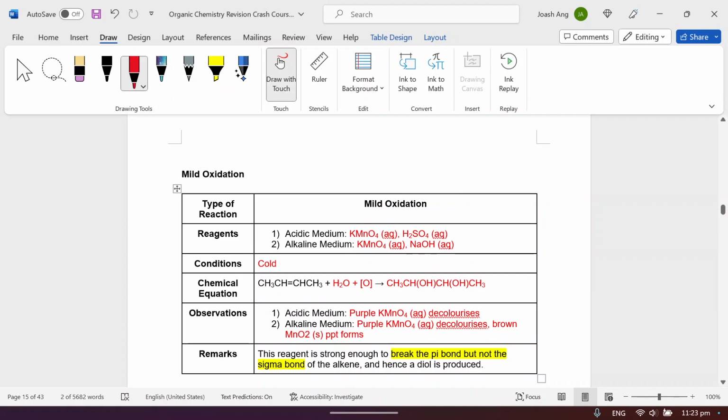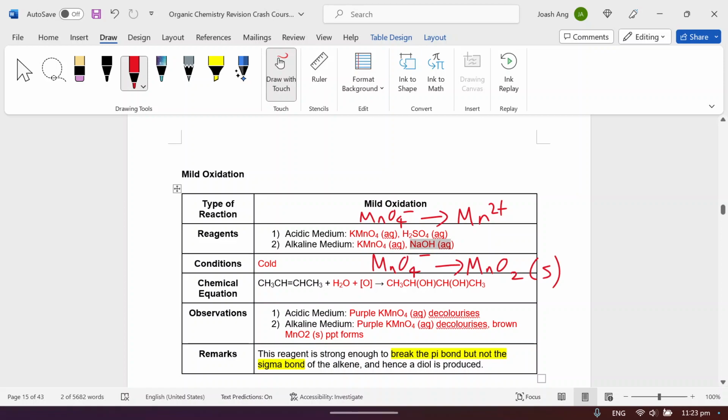You can actually search this up in the data booklet. MnO4-, in acidic medium, goes to Mn2+. So this is how the purple KMnO4 decolorizes. Whereas if you use an alkaline medium, you are actually forming manganese dioxide. Okay?